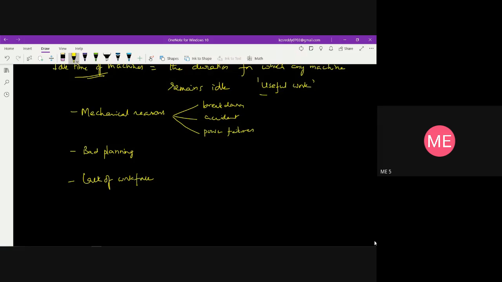That is how we lose machine hours. So we have to keep the machine idle. So lack of workforce, and low demand for company products also. Sometimes when there is no demand, we have to stop the production. So low demand for company products.